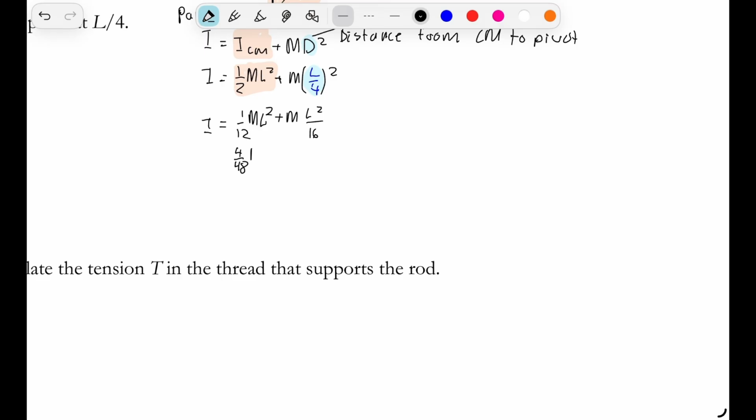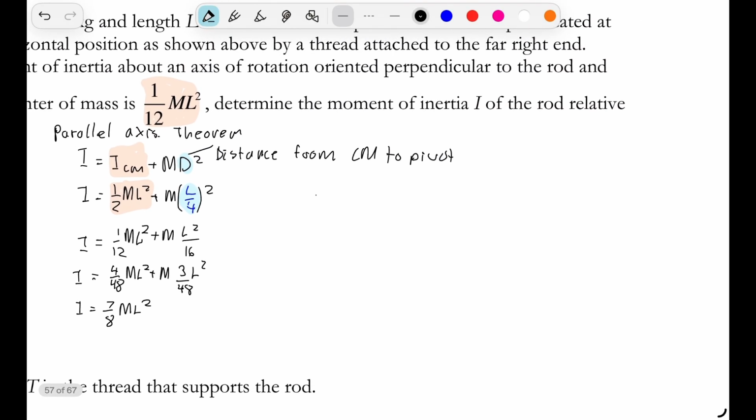Now we can combine some fractions. We know that 1 over 12 is equal to 4 over 48, and 1 over 16 is equal to 3 over 48 l squared. If we combine that, I is equal to 7 over 48 l squared.